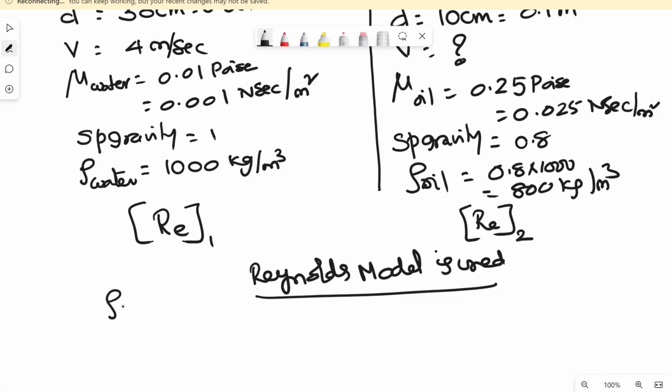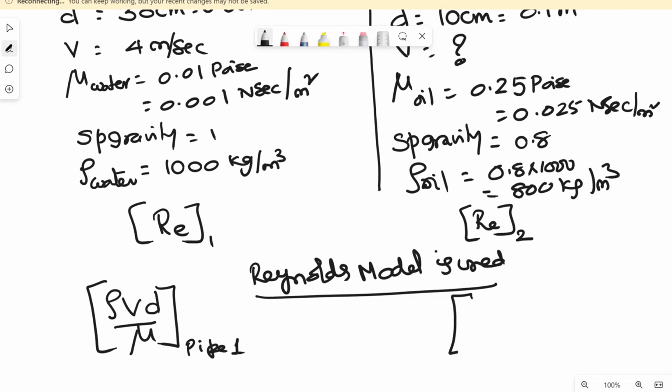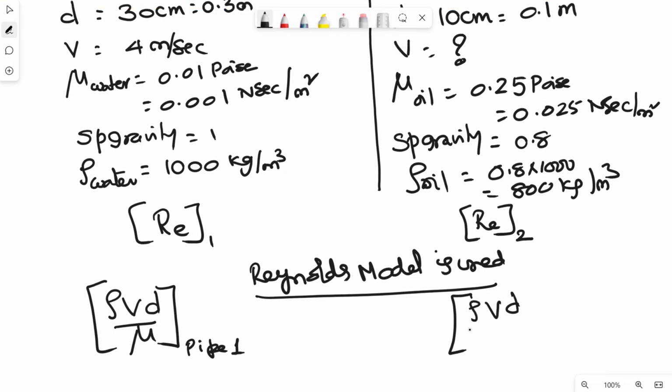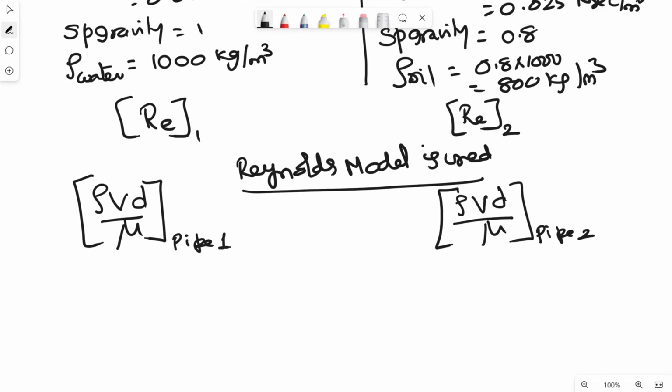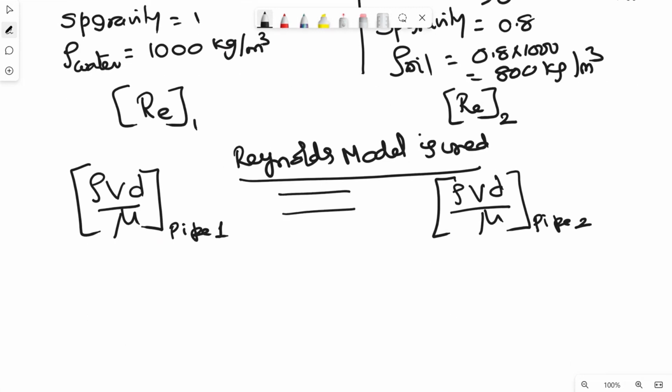So rho V d by mu for pipe 1 is equal to rho V d by mu for pipe 2. Both should be equal.